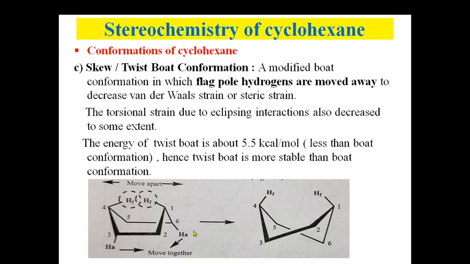And as already discussed, the torsional strain due to the eclipsing interaction also decreases to some extent, and hence the energy of the twist boat is about 5.5 kilocalorie, which is obviously less than the boat conformation. So if you are comparing boat and twist boat, the twist boat is more stable than the boat conformation, because the boat conformation has an energy of 7.1 and the twist boat has 5.5 kilocalorie per mole. Okay.